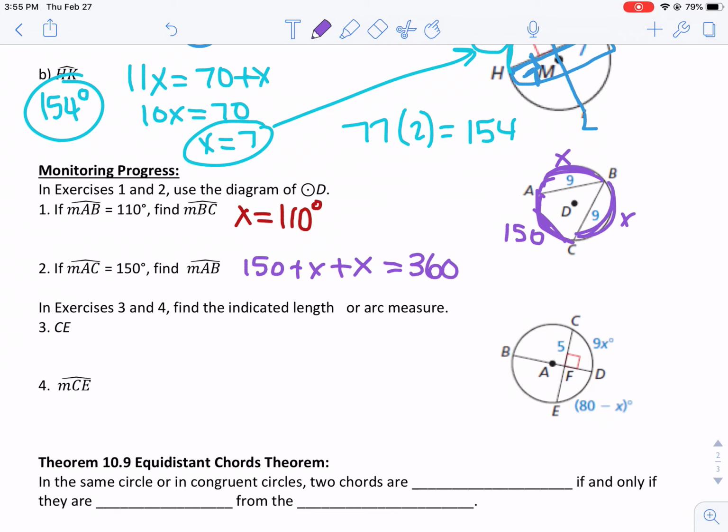So I'm going to combine the x's. x plus x is 2x. Subtract 150 from both sides, and you get 360 minus 150 is 210. Divide both sides by 2, and that gives me that x is 105 degrees. So arc AB is 105, and so is BC.